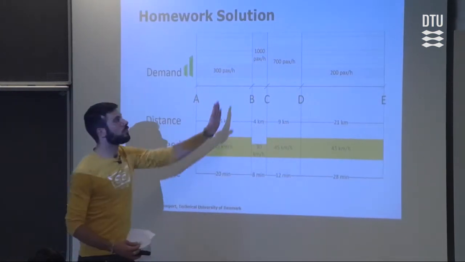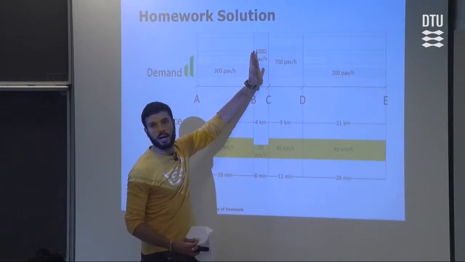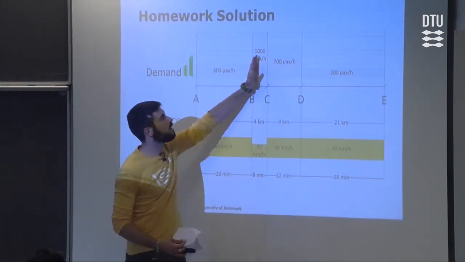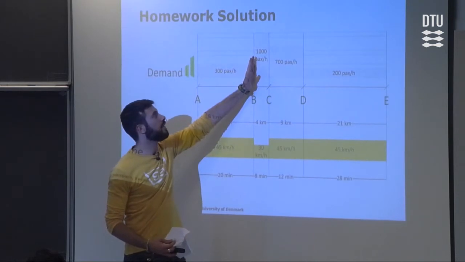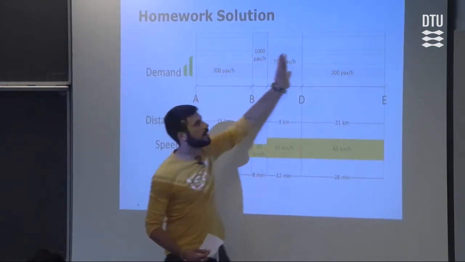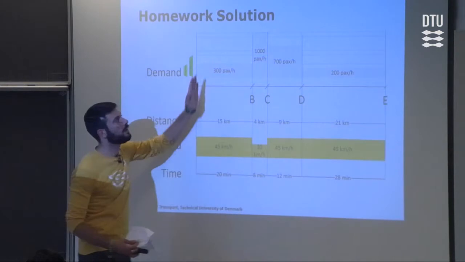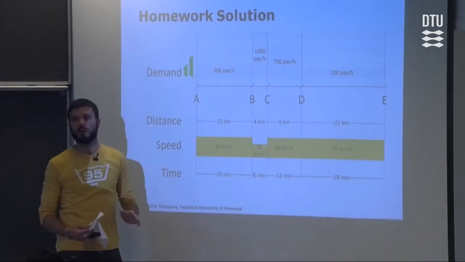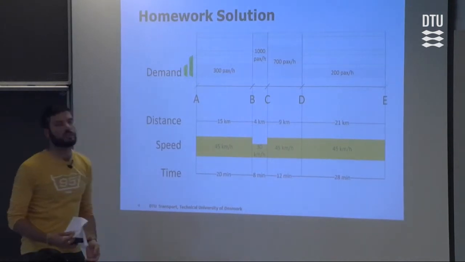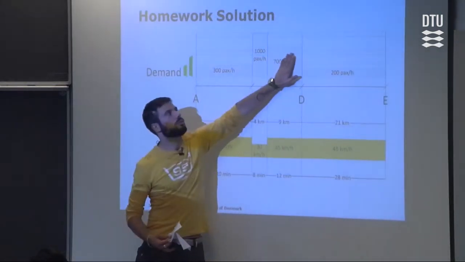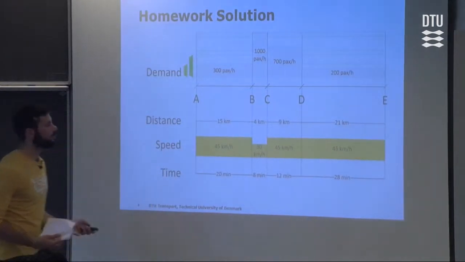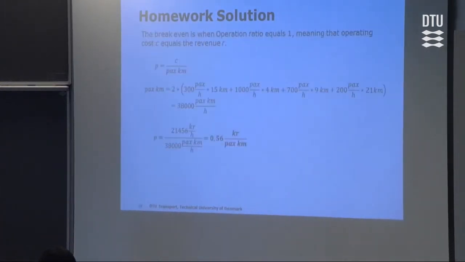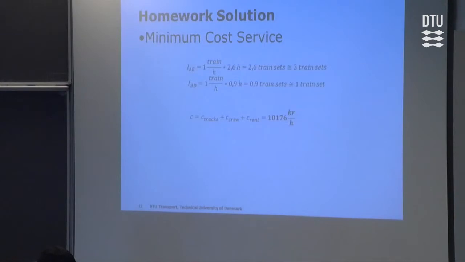So that means that we can run a service between B and D with just 500 people capacity, and then the rest is going to be run by another train set that is running 1 time per hour with 500 capacity. So I think it's just distraction. You just didn't take out the part that was already fulfilled. And that's it.